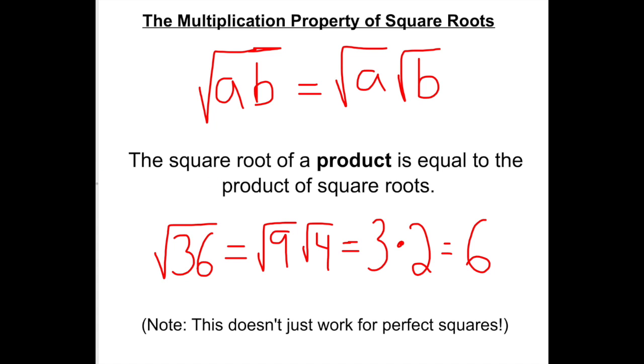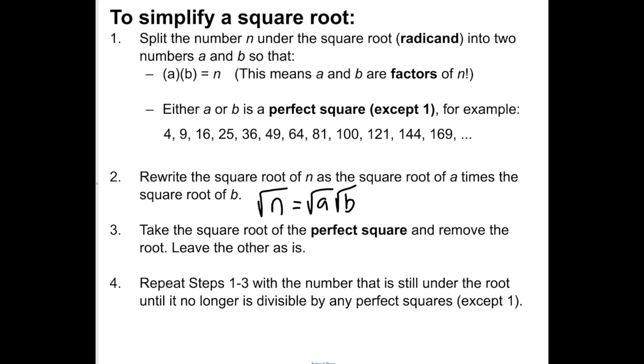And we use that as a foundation for this process. We break it into the two factors. Remember the factors because they multiply evenly to give that number. We take one of the numbers and bring it outside of the square root by taking the square root, because we want to look for a perfect square factor. We leave the other number inside the root, and we just continue the process until whatever is under the square root can no longer be broken down.